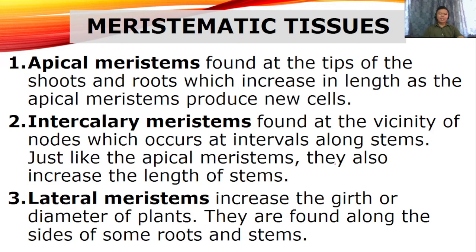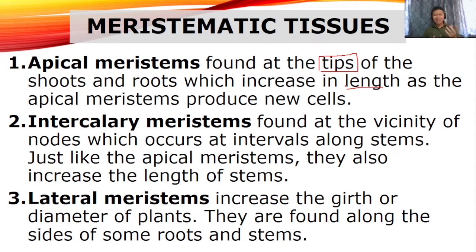For the apical meristem, they are usually found at the tip of the shoot and root system, which increases the length as apical meristems produce new cells, either upwards or the downward growth of the plant. Okay?